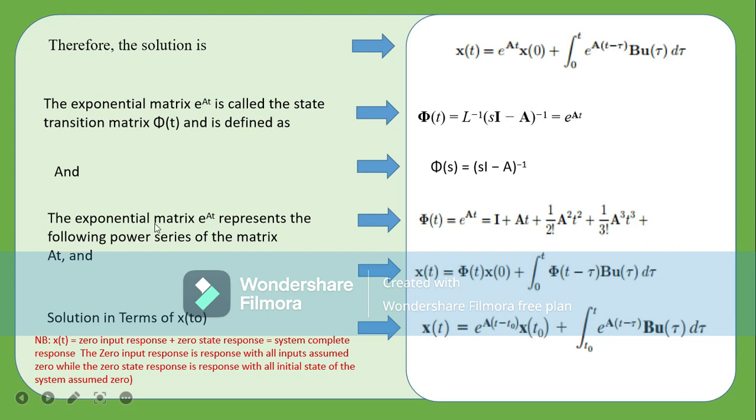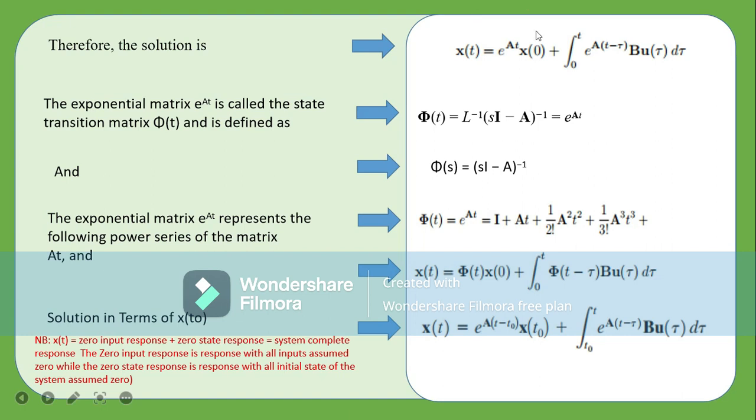We have that the exponential matrix e to the A t represents the following power series of the matrix A t, and so we see that this component can be reduced to this form. Can you see that? Okay, which of course at the end of the day we can say x of t.